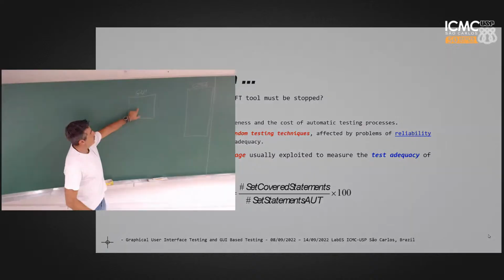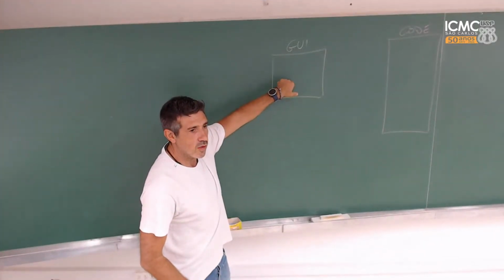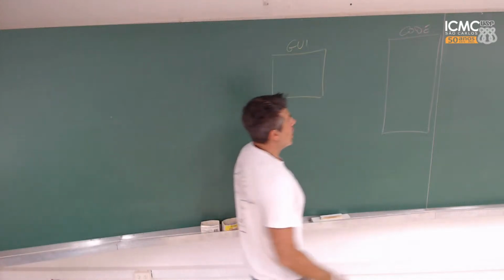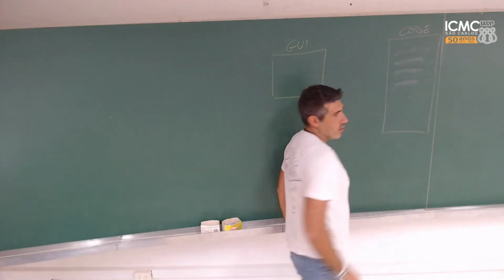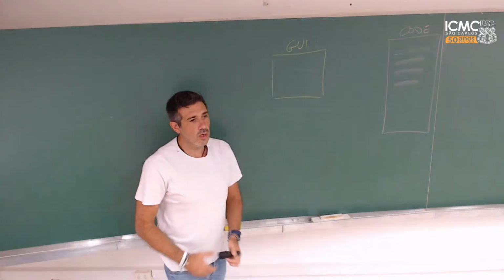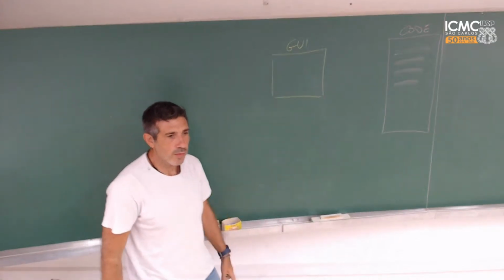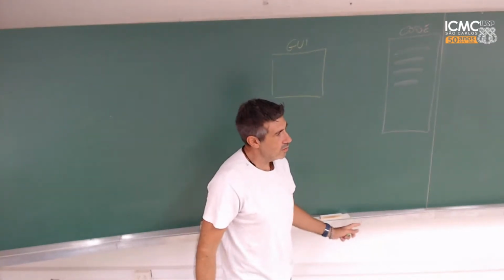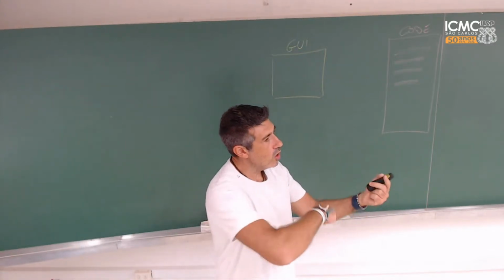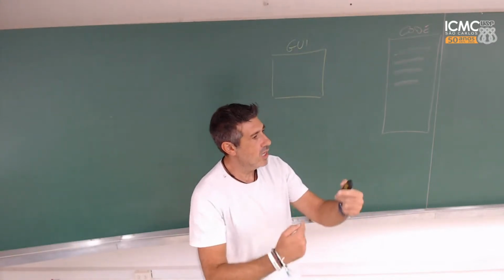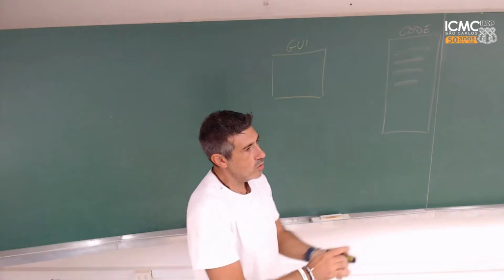So, if I fire events on the GUI, I cover, that is, I execute code of the application under test, right? If I trigger events, I'm calling event handlers. Event handlers are code.